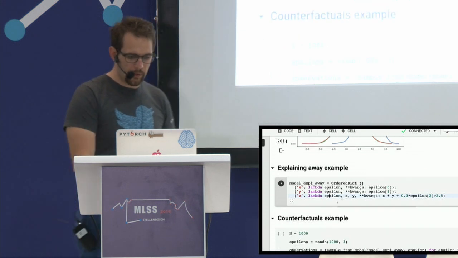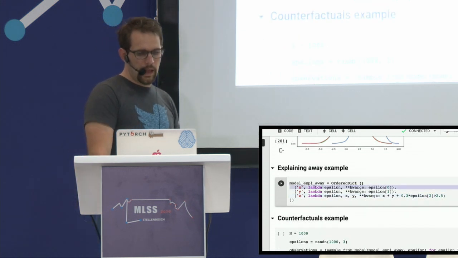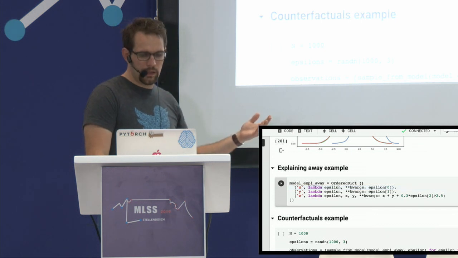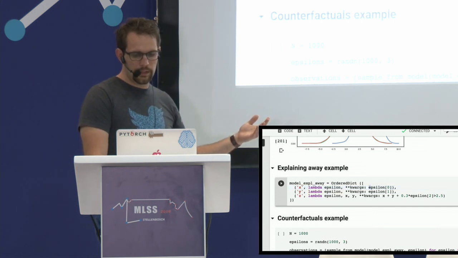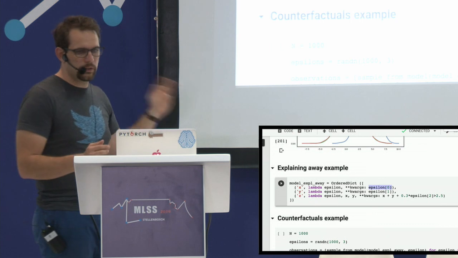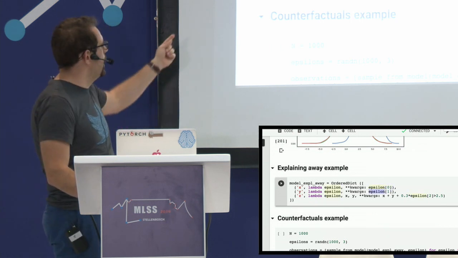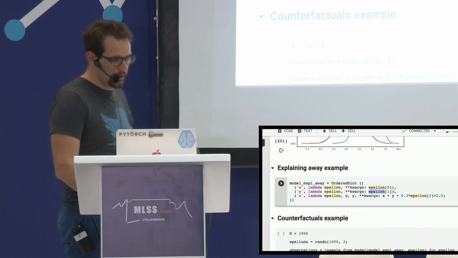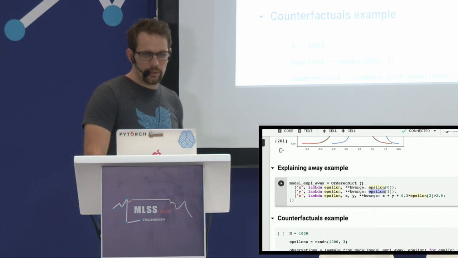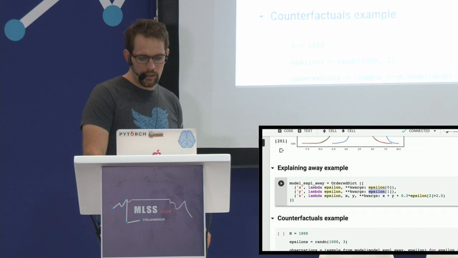So the toy example corresponding to this is that X, say coding skills, is instantiated by this function that just takes epsilon 0, the first random noise variable. Then independently we draw y from the second epsilon, and then z, which is the hiring decision, is going to be dependent on x and y.